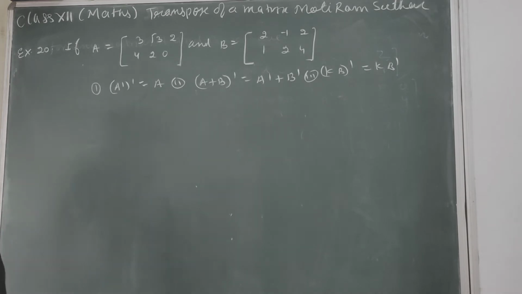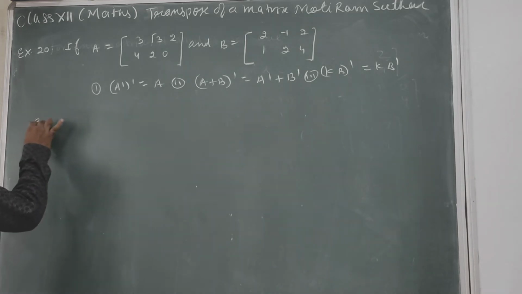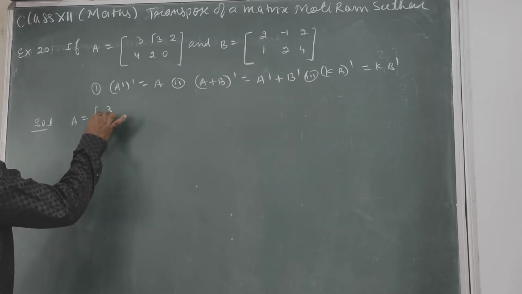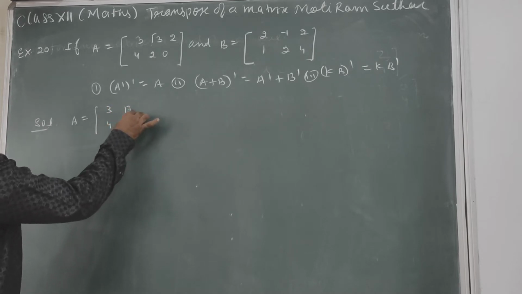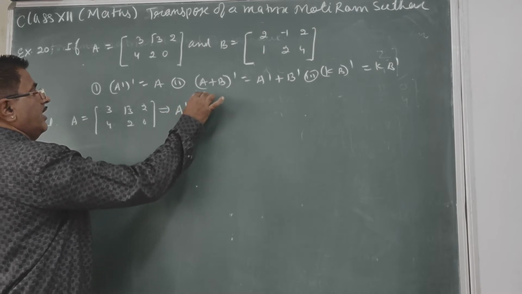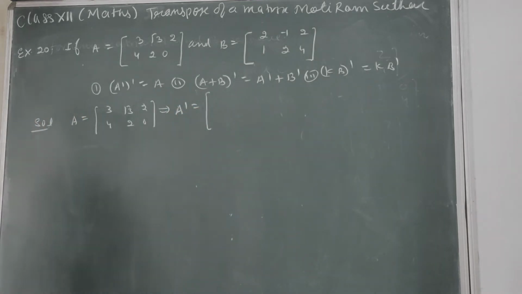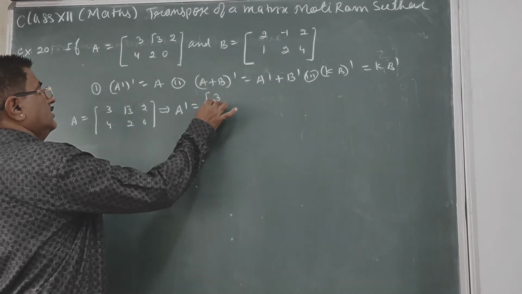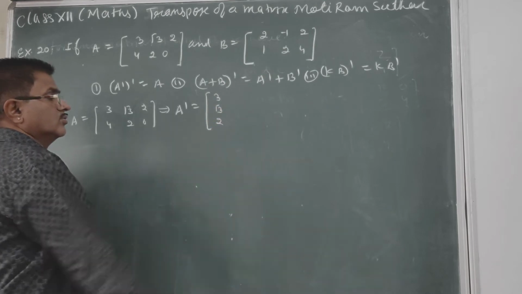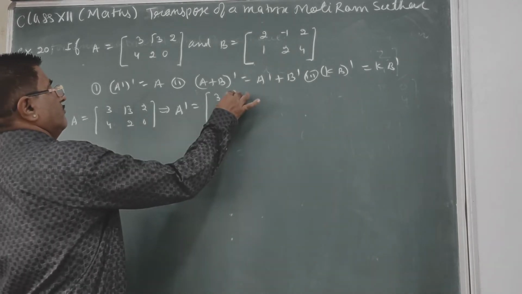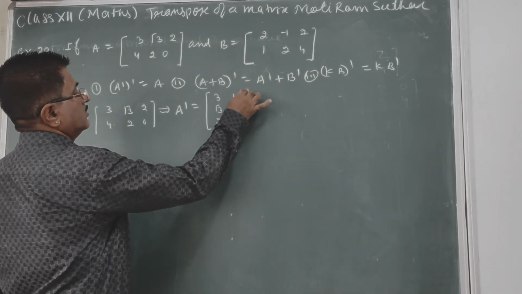So first, in the solution, A is given as 3, root 3, 2 and 4, 2, 3. Then we find A transpose, so we are changing the rows and columns. The first row converts into the first column, that is 3, root 3, 2. Then the second row converts into the second column, 4, 2, 3.